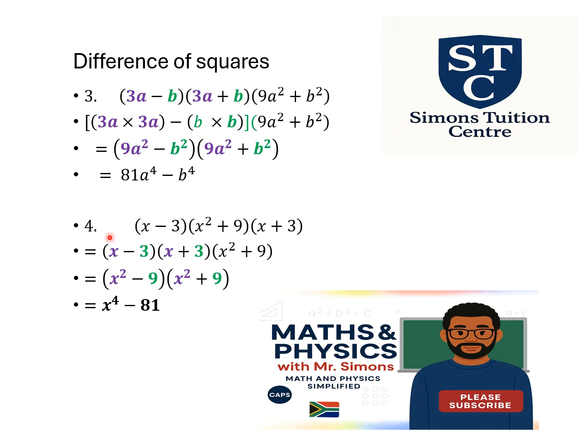Then number 4, we have (x minus 3) times (x squared plus 3) and then (x plus 3). If you look carefully, you can see x minus 3 and x plus 3 are basically two brackets that are the same, just with different signs. So I can use these two to create a difference of squares problem. I'm going to rewrite it: (x minus 3)(x plus 3), and I leave (x squared plus 9) at the end.